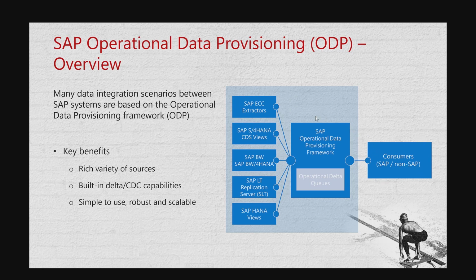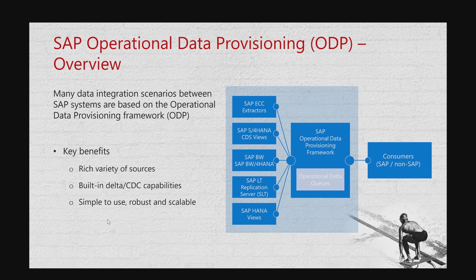And the value of the ODP framework in that aspect is that it takes care of the state of its consumers. So ODP knows you as a consumer, or ADF, your ADF as a consumer, and will basically be able to determine which changes you already have received and which changes need to be sent over to you in your next request. And you don't have to take care of watermarking in that respect or any kind of state management. All this is done out of the box by ODP, which makes the consumption of a change feed much, much easier.